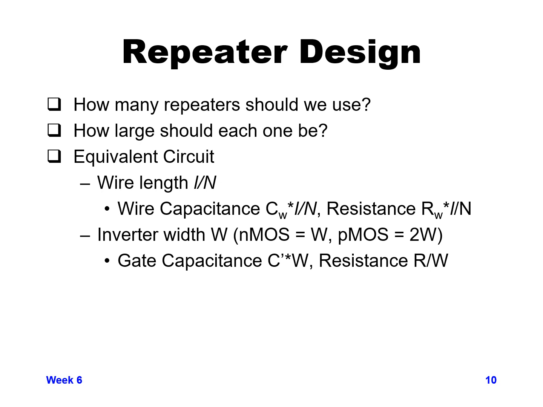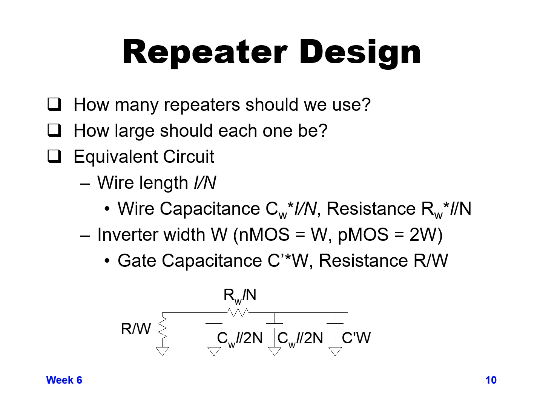So we can basically build some equivalent circuits in order to try and answer those questions. Below we can see a potential equivalent circuit drawn for a repeater. Here we have a wire length of L divided by N, where N is the number of repeaters you have.